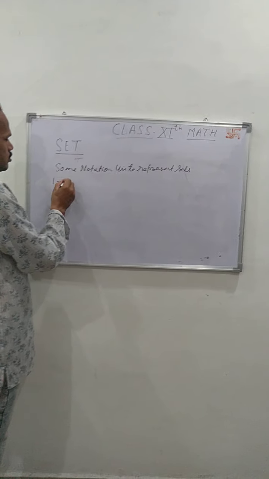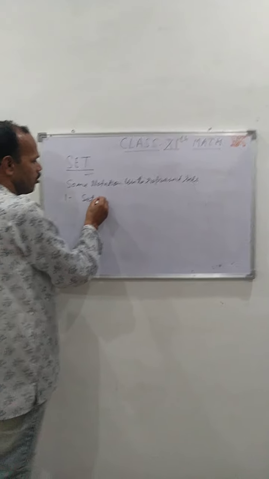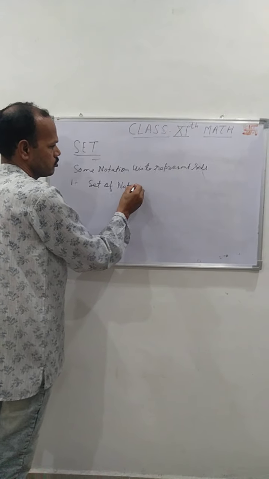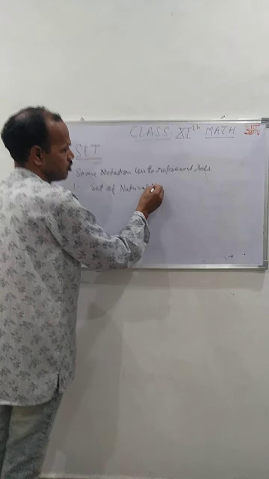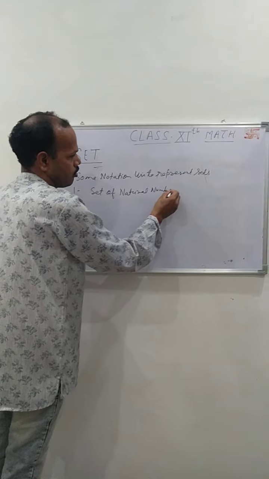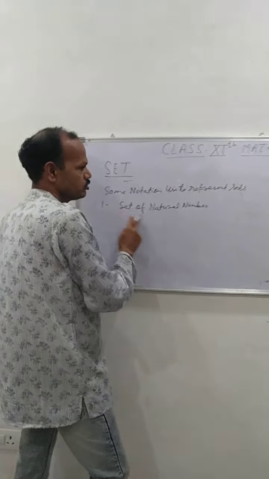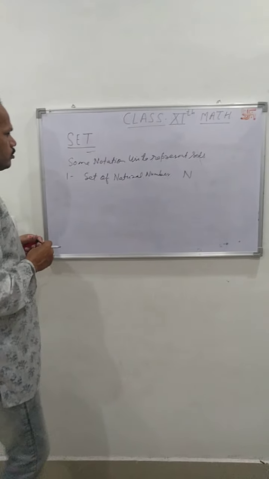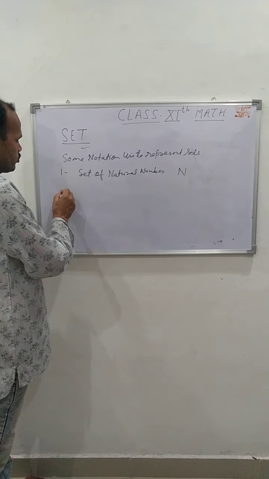First one, set of natural numbers. It is denoted by the symbol capital N.